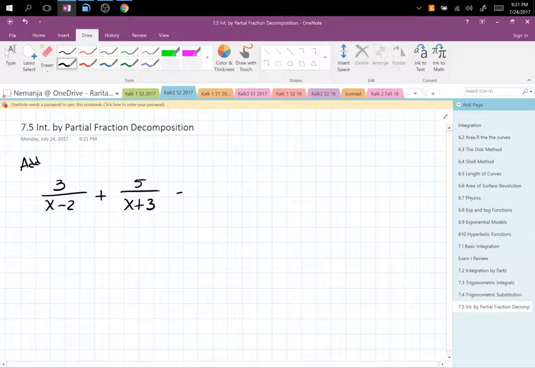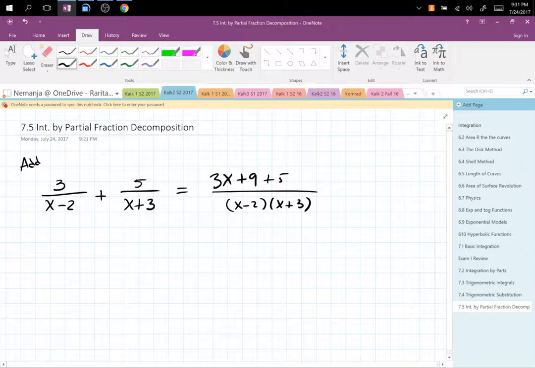In which case you would find the common denominator, which was (x minus 2)(x plus 3), and then cross multiply, combine like terms, and be done with the problem.